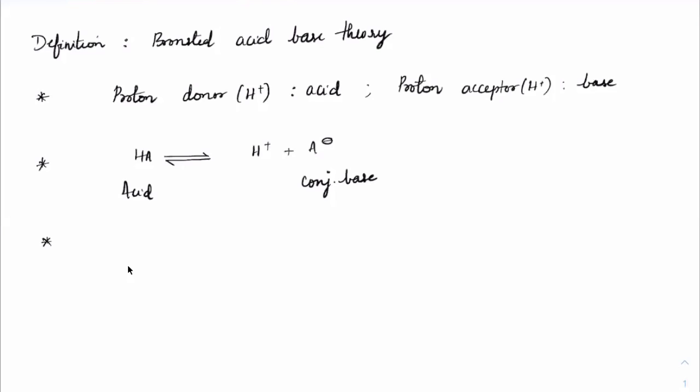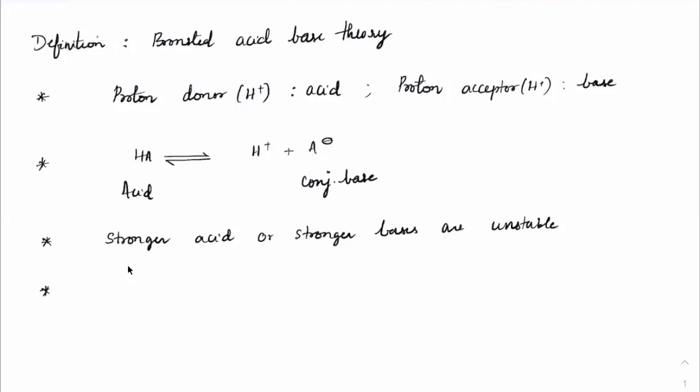The third important point is stronger acids or stronger bases are unstable. The reason for using the word stronger signifies that those particular species are unstable, so they will try to move on to a more stable state.